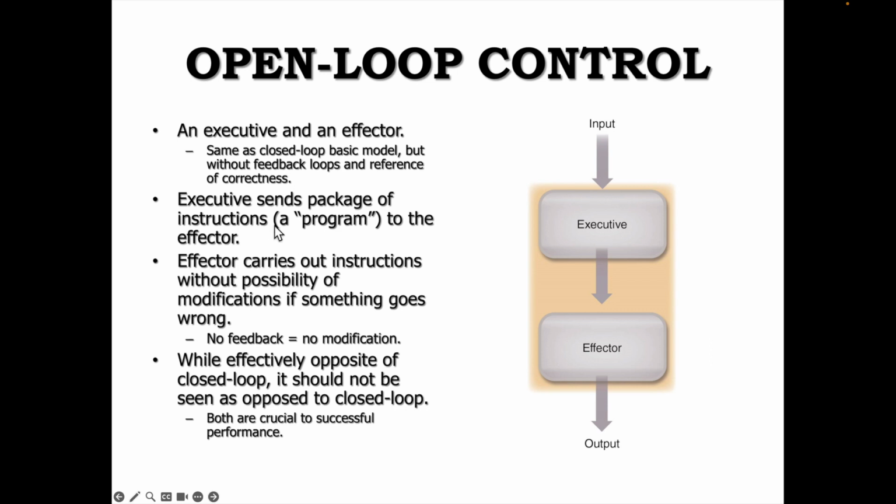Essentially, the executive system sends a package of instructions or a program to the effector, and the effector carries out the instructions without the possibility of modifications if something goes wrong as it's carrying it out, because with no feedback, there's no modification needed. While this is effectively the opposite of a closed loop, which has feedback, it should not be seen as opposed to a closed loop system. Both are important to successful performance.